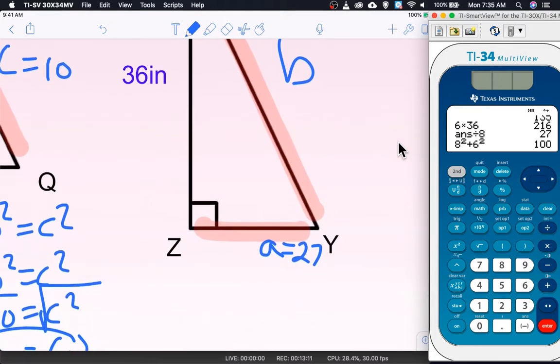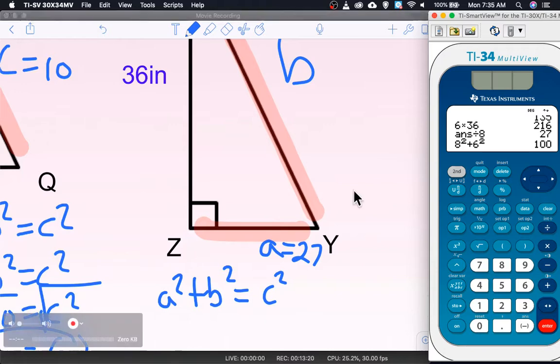I need space though. So A squared plus B squared equals C squared. It's the formula. I was getting a little wonky in my brain because I have it labeled A and this is a B, even though that's the hypotenuse. It's okay. We'll make it work. So then the two short sides, the 27 and 36, go in here.